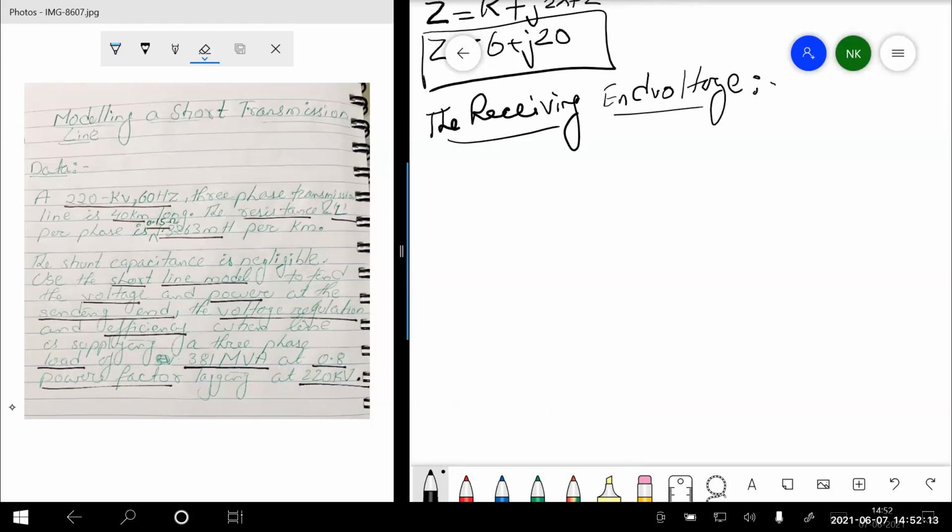It is 220 kV, right? So we could use the notation V small r, the receiving end voltage, as 220 angle 0 by √3.